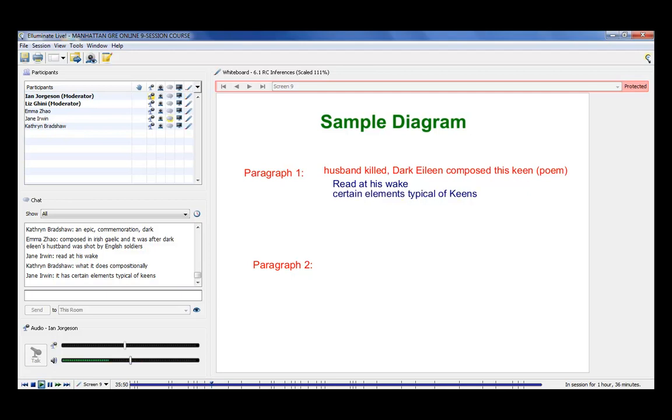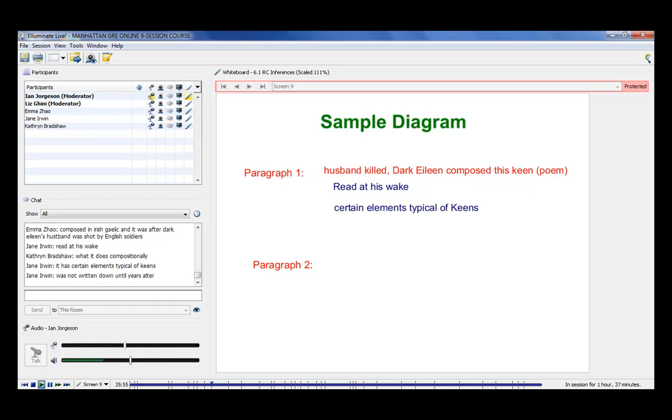Okay, I'll buy that. So this might be what our notes look like, right? The husband gets killed, Dark Eileen. Okay, I'll add that. I'd agree with that. Not written down till later. Yeah.